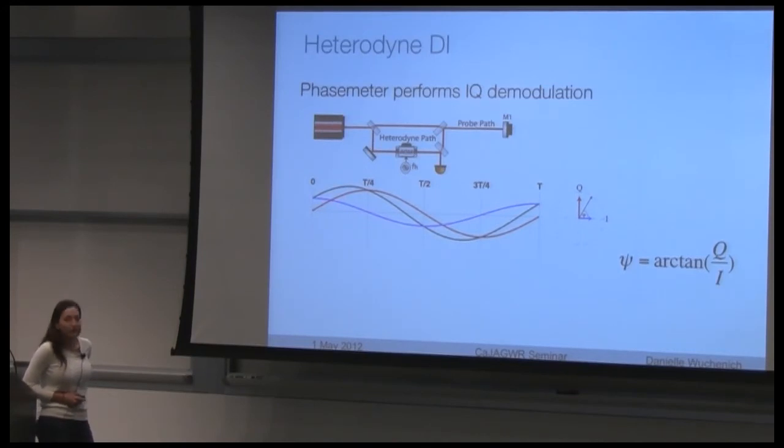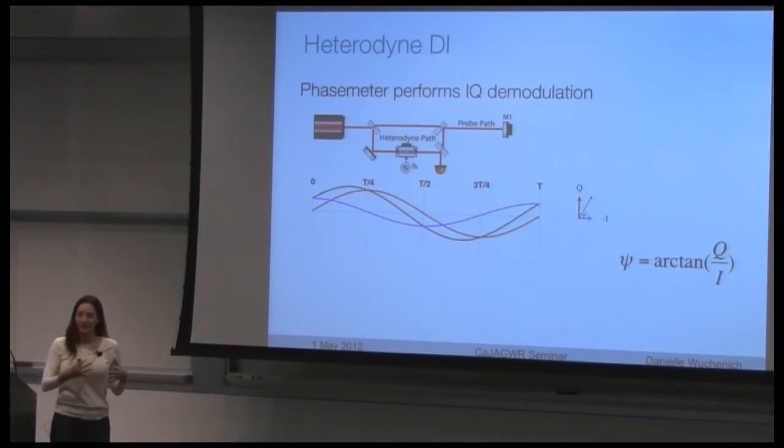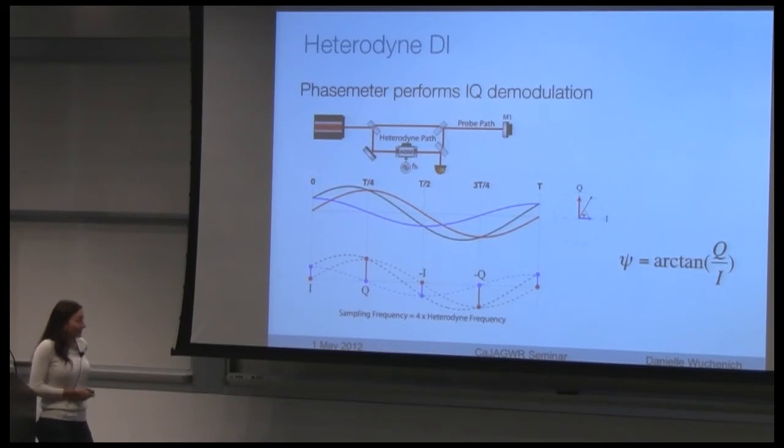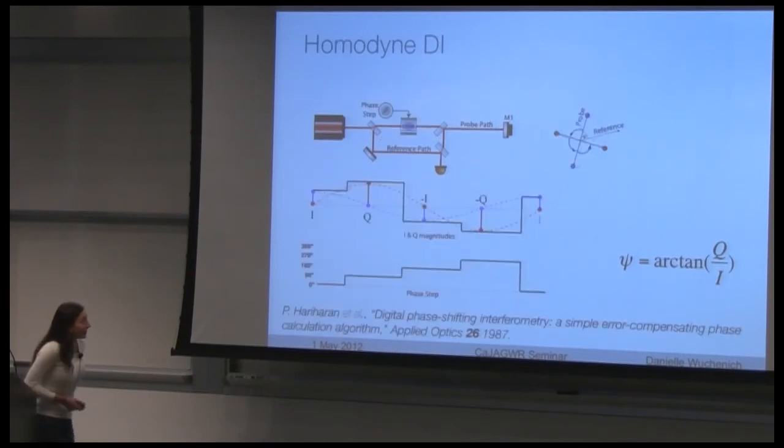You have the in phase and the quadrature component. And what you're doing in a heterodyne system is that you're physically moving one with respect to the other to sweep out both of those quadratures, so you have constant information of everything that you need to know. And this works really well.